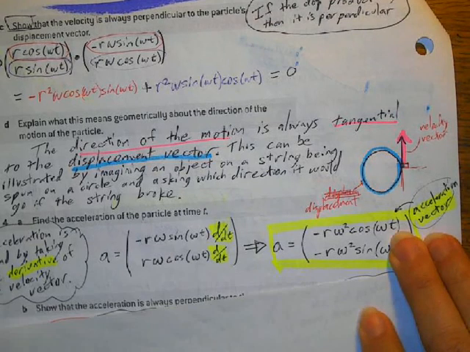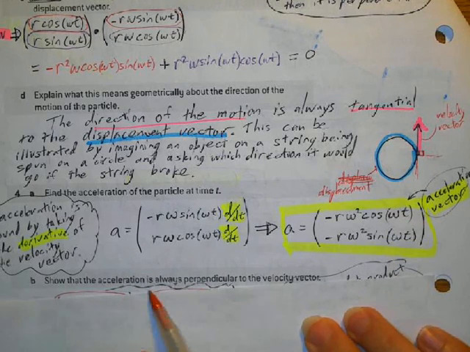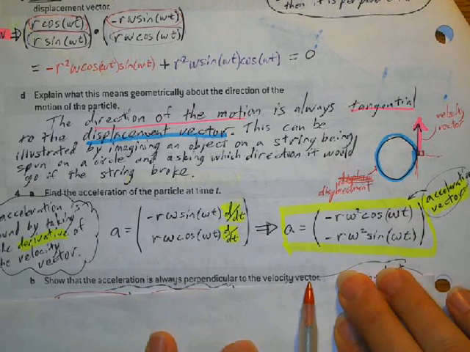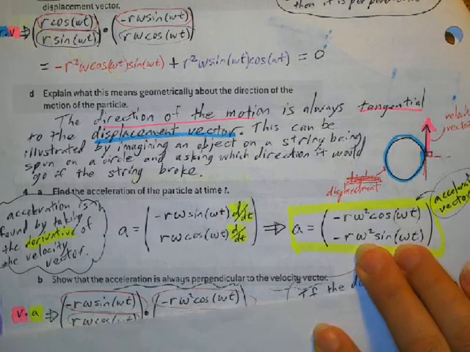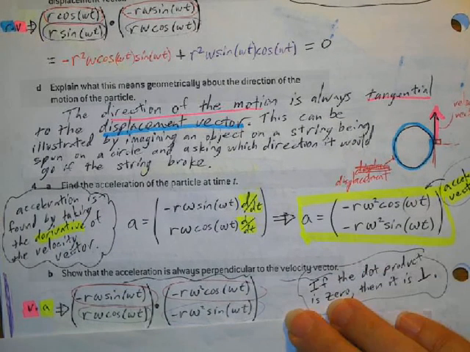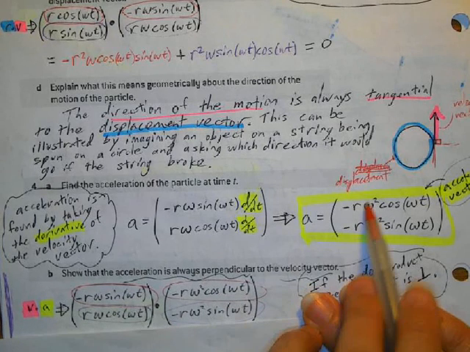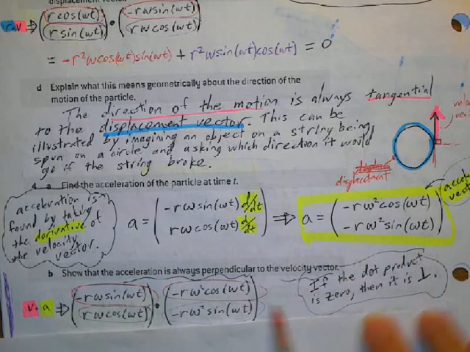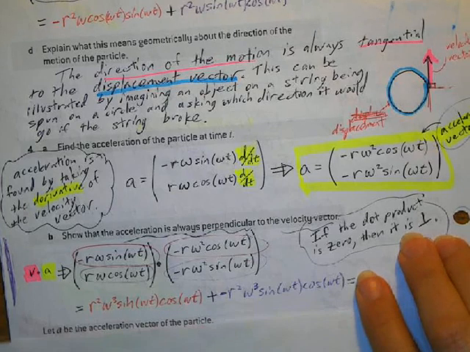Question B. Show that the acceleration is always perpendicular to the velocity vector. We're going to do exactly the same process we just did. Here's my velocity vector, the pink one from the previous page, and here's my acceleration vector, which we just found. If I do the dot product, I'm going to show that it equals 0.